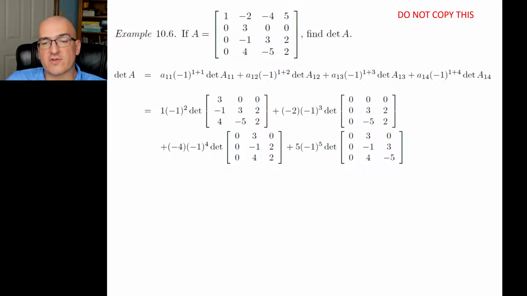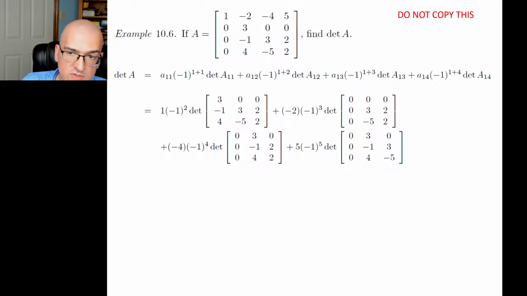Each of those cofactor calculations is -1 to the i plus j, so -1 to the row number plus column number, times the determinant of the submatrix Aij. So there's your -1 to the i plus j's with i plus j simplified, and your submatrices. We started with a 4x4, so the submatrices are 3x3.